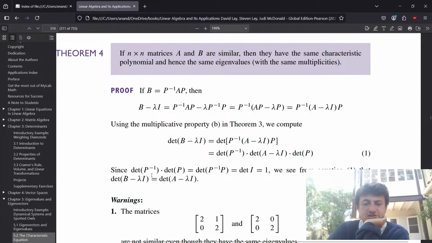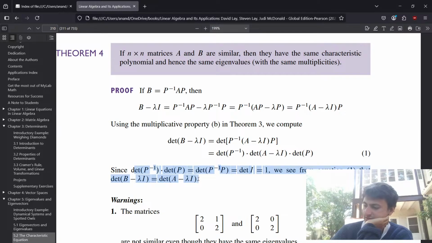Therefore, since this is equal to 1, then by det AB equal to det A times det B, we get det of B minus lambda I is equal to det P inverse times det of A minus lambda I times det P. But det P inverse times det P is equal to 1, so we get 1 times det of A minus lambda I. So, okay, that's that.